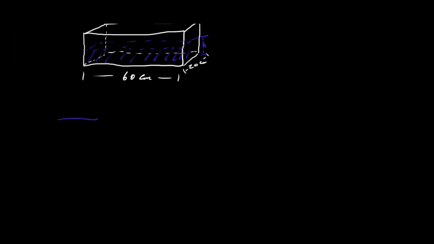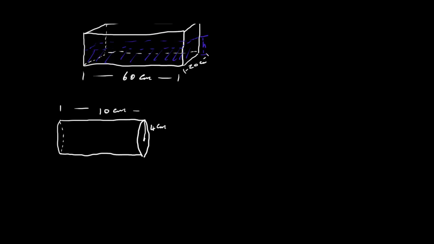So we have our cylindrical pipe, and I'm just going to take 10 centimeters of that pipe, not the full pipe. And we know the radius here is 4 centimeters again. So what I'm going to do is work out the volume of a 10 centimeter section of this pipe.